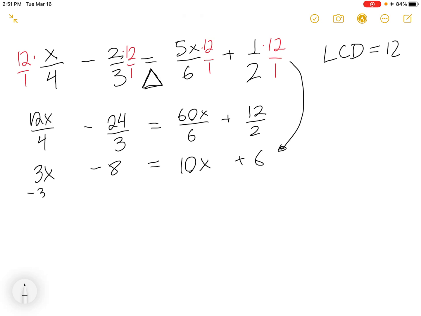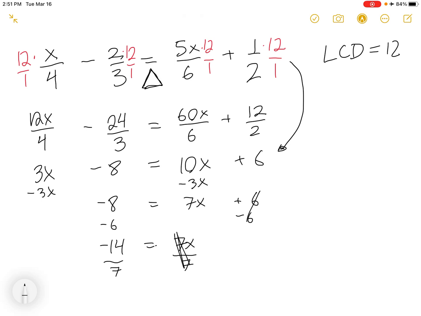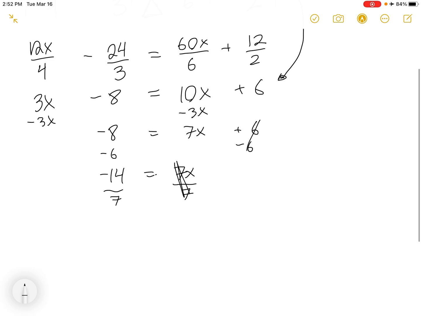So perhaps I'll move the 3x over here and I'll get negative 8 equals 7x plus 6. And then I can subtract the 6 and I'll get negative 14 equals 7x, and then divide both sides by 7. It's actually a miracle that this worked out to be a whole number because I just made this equation up on the spot, but there you have it.